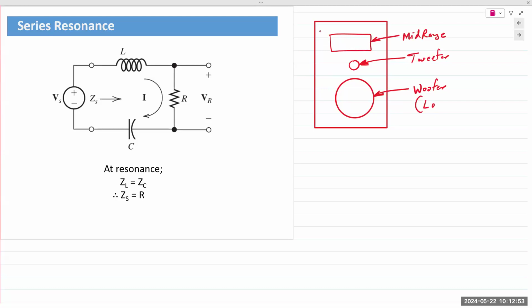So this reproduces low frequencies. The tweeter reproduces high frequencies. And the mid-range is for vocals.